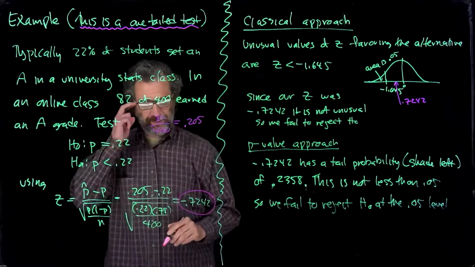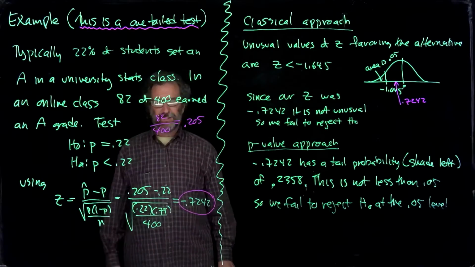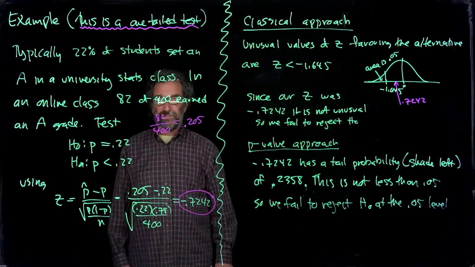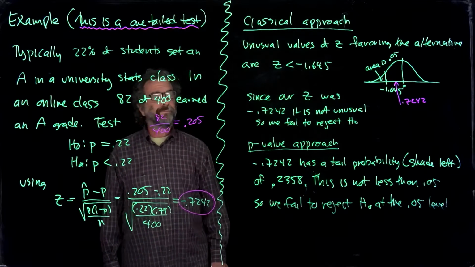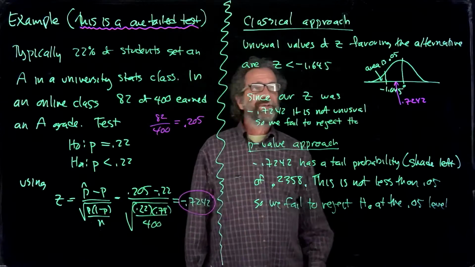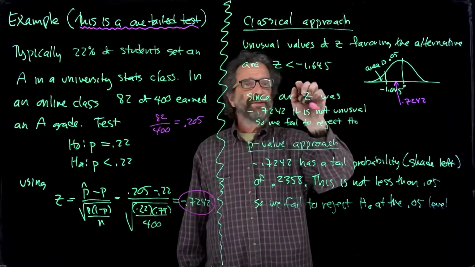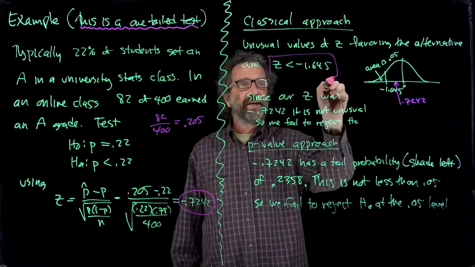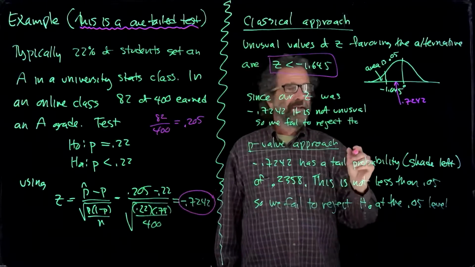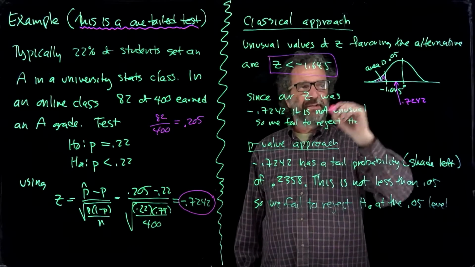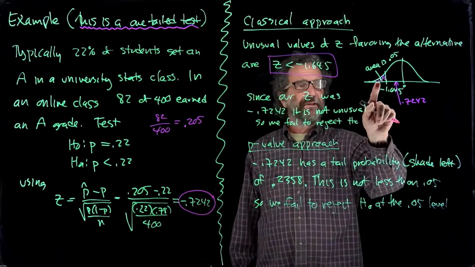Now, we've been around a little while, and we know that to reject the null hypothesis, that thing has to be bigger or smaller than something like 2 or minus 2. It isn't, so we're not going to reject the null hypothesis. But let's just see exactly how it looks. In the classical approach, we look for unusual values of z favoring the alternative. The ones we would use would be z's less than minus 1.645, because it's a one-tailed test, and we want the things that would happen by accident to be around 5%.